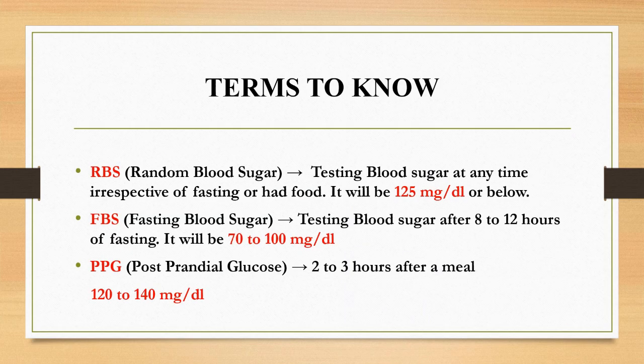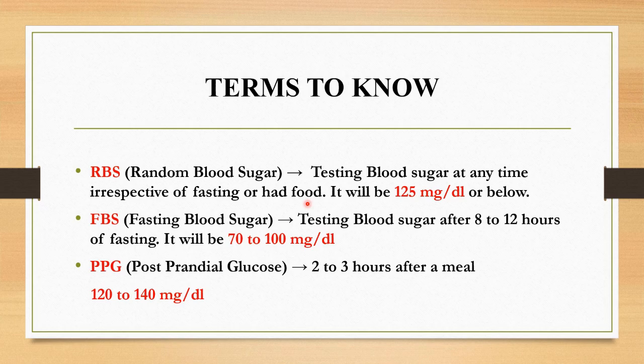It's always important to know some terms when we are taking care of diabetes patients. The first one is RBS, random blood sugar. Here we are testing the blood sugar at any time, irrespective of fasting or whether the patient had food.